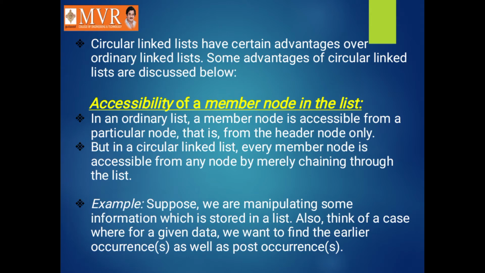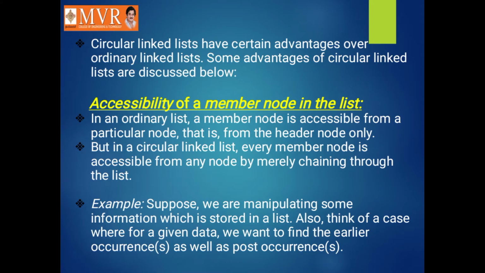Okay, accessibility of a member node in the list. In an ordinary list, a member node is accessible from the header node only. That is, from the header node, we can move to the next node, and so on. Consider a single linked list.